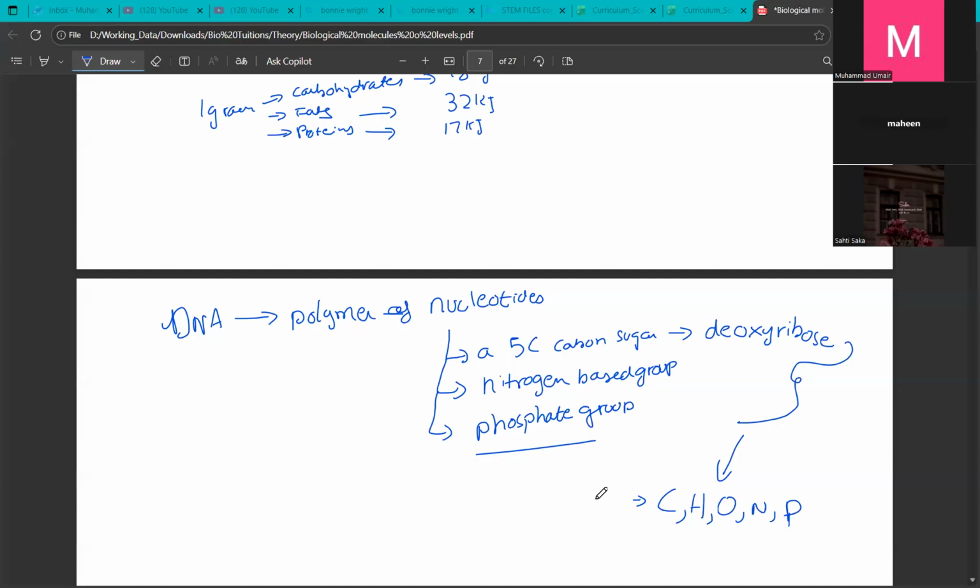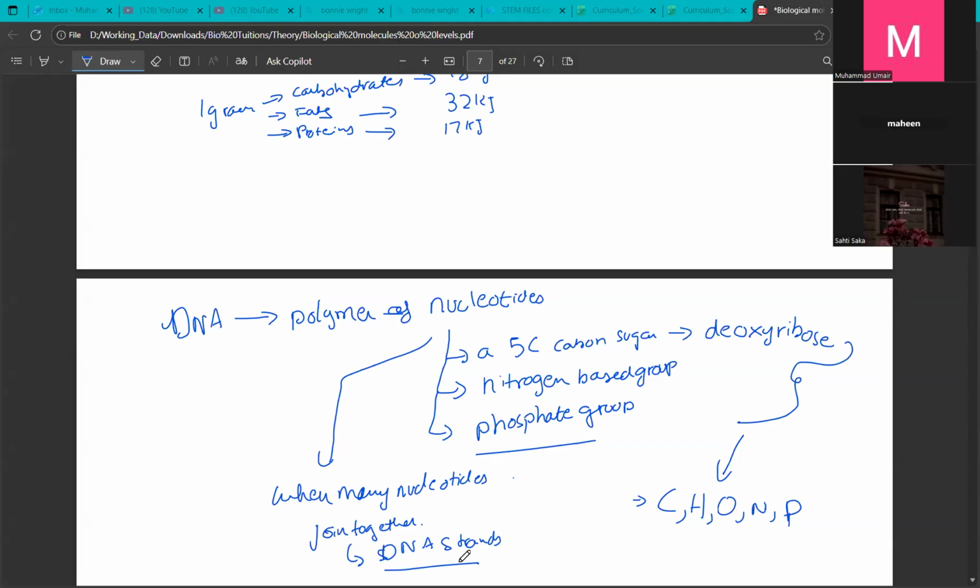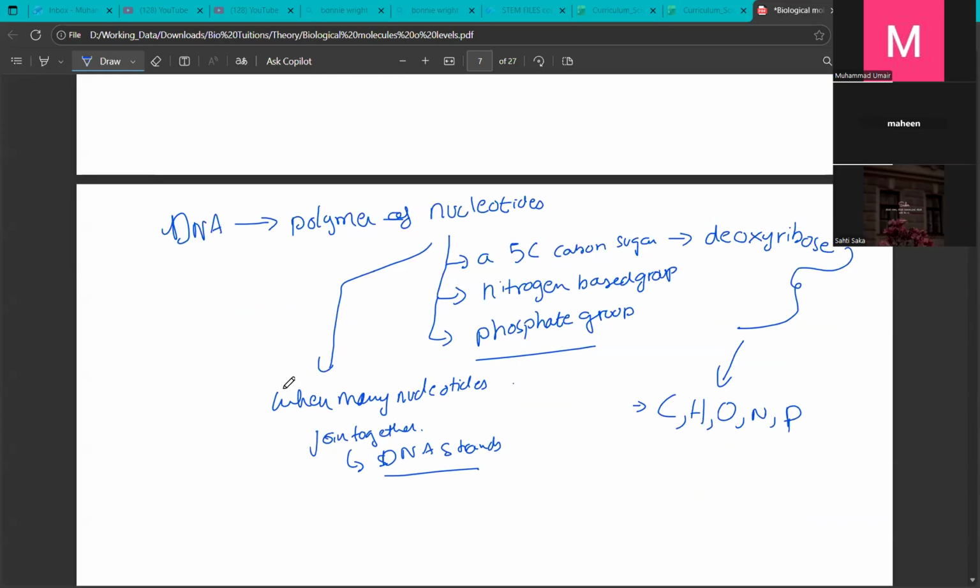When many nucleotides join together, they make DNA strands. Right? Now this is where the extra information is for Cambridge IGCSE.